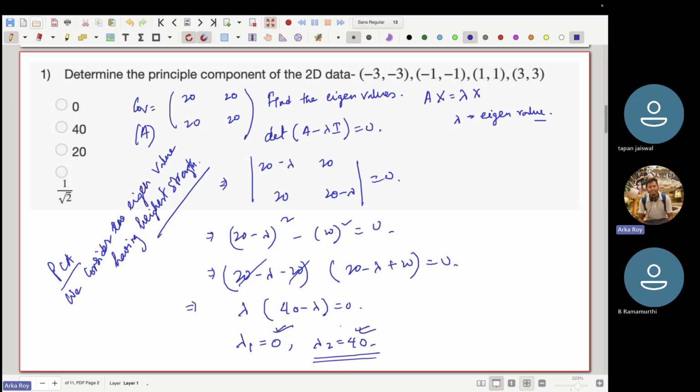So the PCA algorithm will choose this particular eigenvalue. So this is the corresponding strength of the principal component. Therefore, 40 is the correct answer.